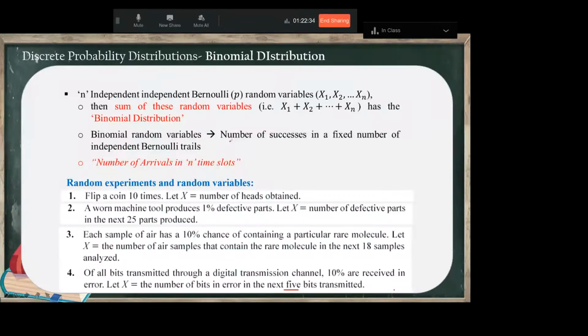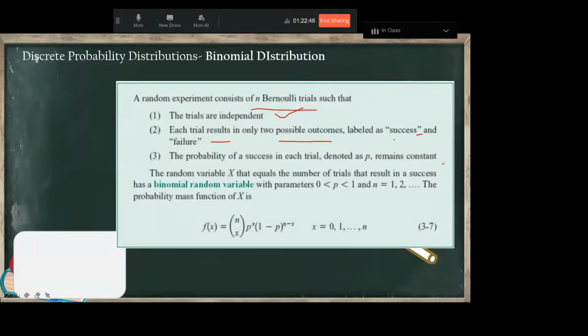Let me tell you one more thing. Here we were doing this. This was the example of Bernoulli, right? And here n is given. That's it. If n is given, it can become binomial. So the probability of success in each trial, we know already, is denoted by p and remains constant. The random variable x, that's how we define binomial: the random variable that equals the number of trials that result in a success has a binomial distribution with parameters p and n.